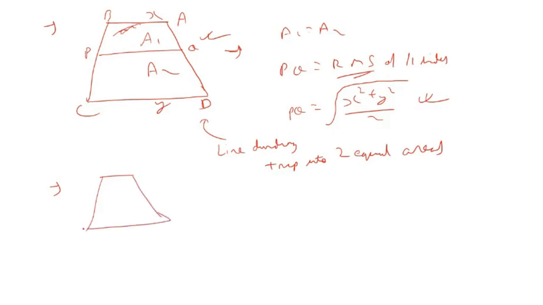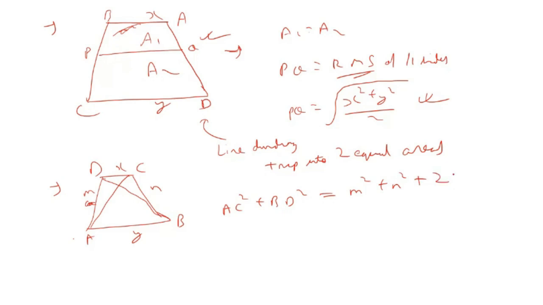In this case, with parallel sides X and Y and non-parallel sides M and N, AC square plus BD square, the sum of squares of diagonals, will be equal to the sum of squares of the non-parallel sides, M square plus N square, plus 2 into the product of the parallel sides. This is the result basically.